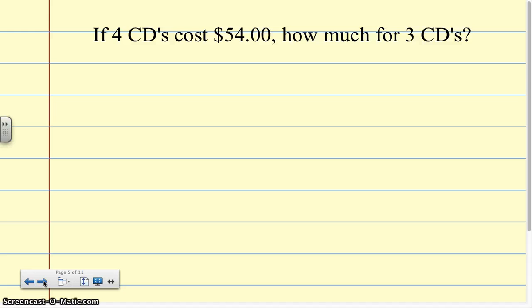Then how much is 3 CDs? So what you should be asking yourself, my strategy, please, please, please adopt my strategy. It is really effective. I say my relationship is CD and money, right? So I have CD is to money, don't I? Yeah. All right, 4 CDs cost $54.